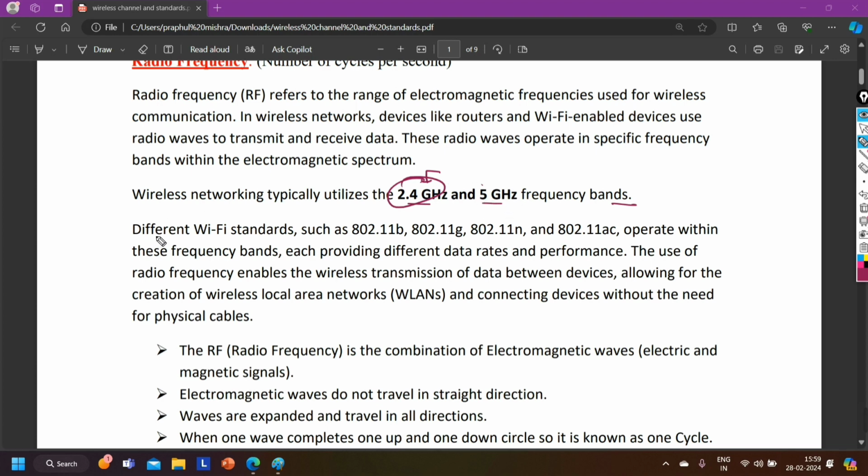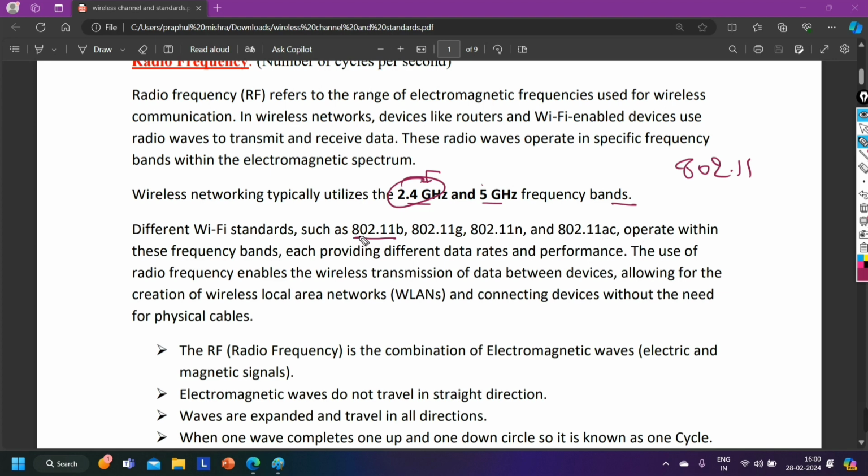Fine. Then guys, different Wi-Fi standards such as 802.11b. As I told you, for wireless communication, the IEEE standard is 802.11. Under 802.11 we have multiple standards, like 802.11b, 11g, 11n, 11ac, and many more, like A. So different Wi-Fi standards such as 802.11b, 802.11g, 802.11n, and 802.11ac operate with these frequency bands.